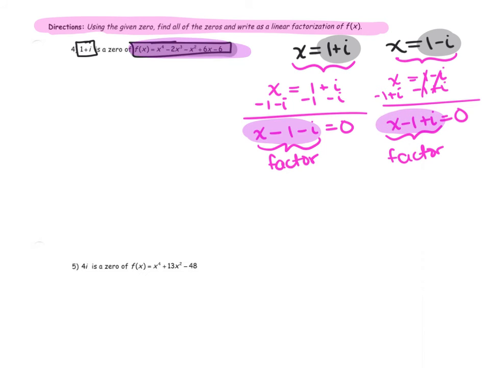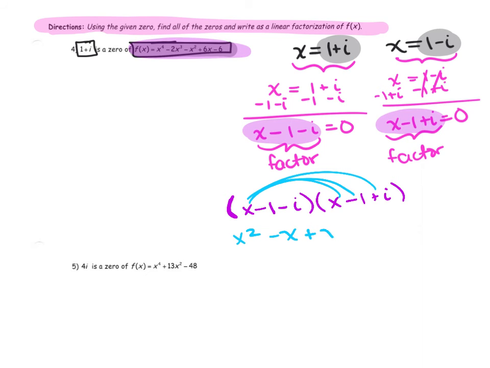Because these are both factors of this polynomial, we can multiply them. So I have x minus 1 minus i times x minus 1 plus i. Again, it's just going to be a bit of long work here. I'm going to try to do this quick. x squared, negative x, plus xi.